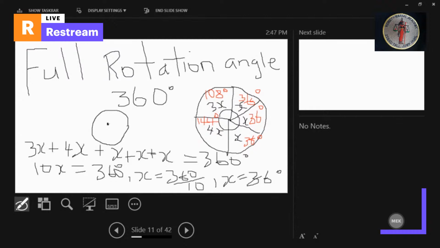So next class, we're going to look at other classifications. These are the basic types. We're going to look at other classifications, like the vertically opposite angle, alternate angles, which some people call Z angles, and so on. We look at those types of angles.